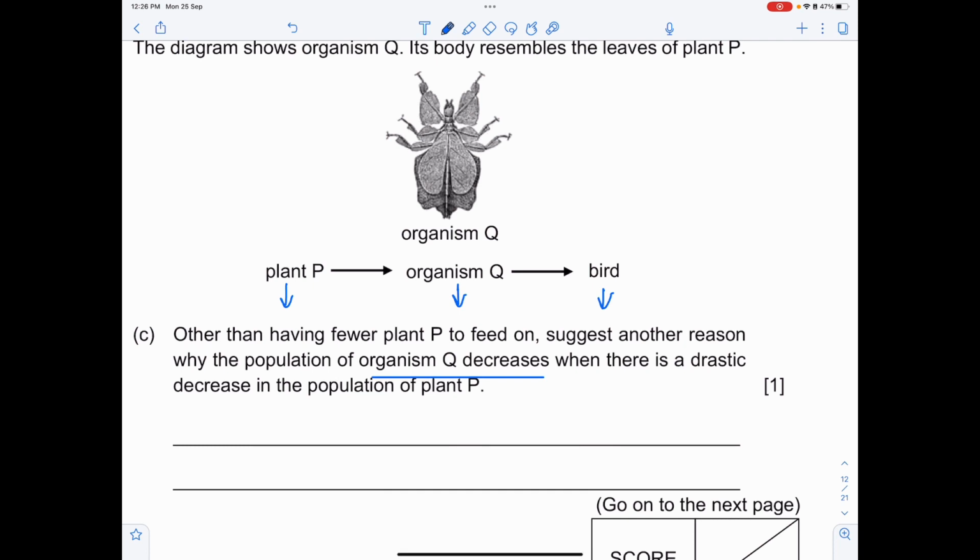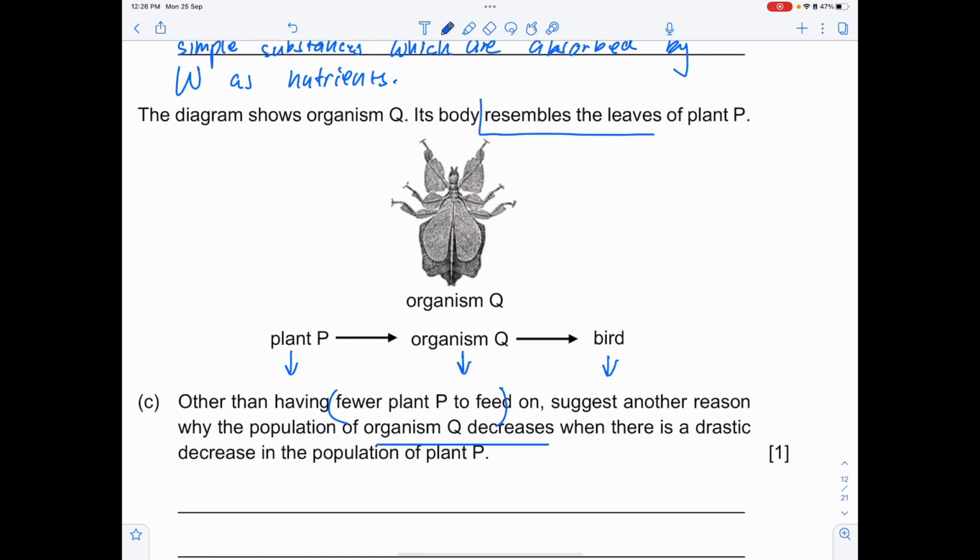Okay, other than having fewer plants, so you cannot use this. So another one that you need to do is look at the question stem for clues. Resembles leaves of plant P. You need to remember, I have told you this many times. When it comes to adaptation, there are three important things.